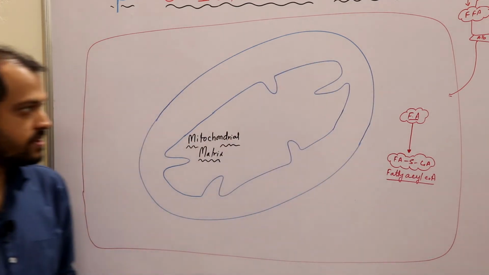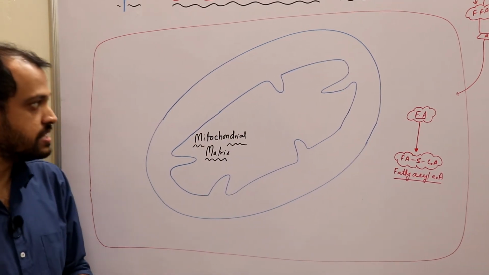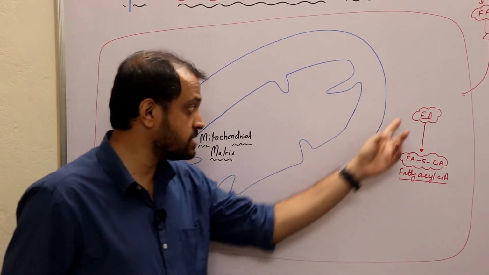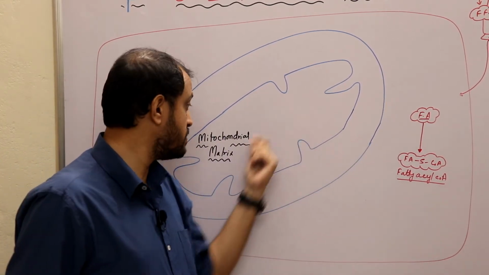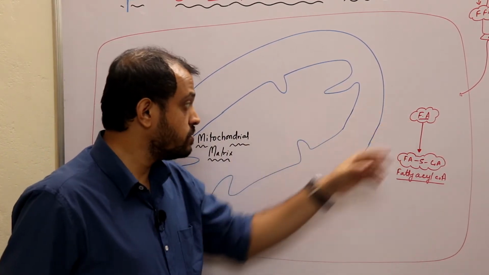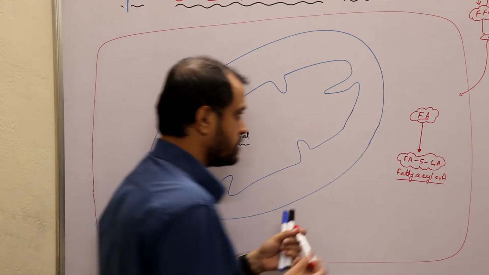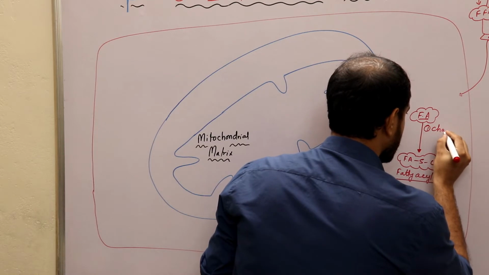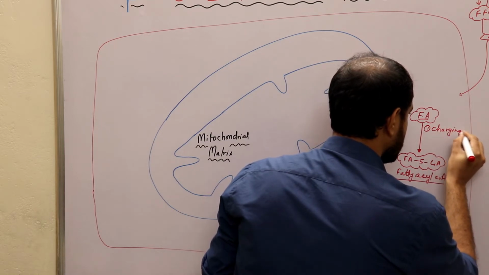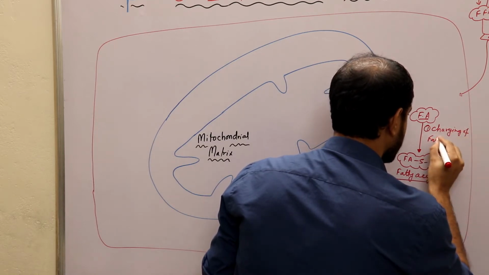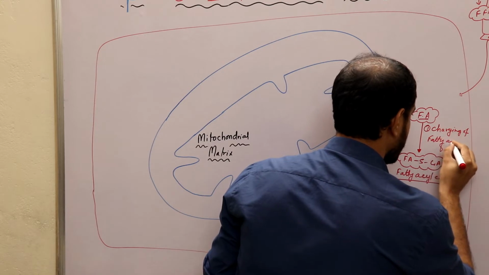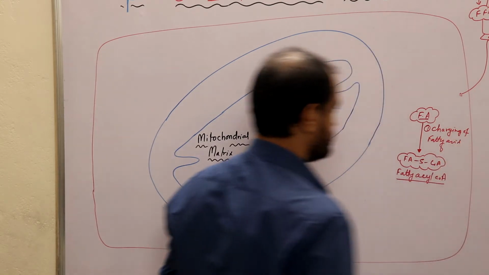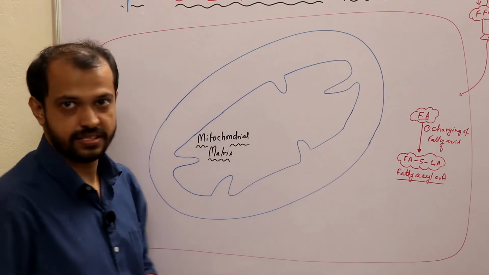Okay, the first thing you will have to understand is that before you can transfer this fatty acid into the mitochondrial matrix, you will have to charge it. The first step therefore is known as charging of fatty acid.